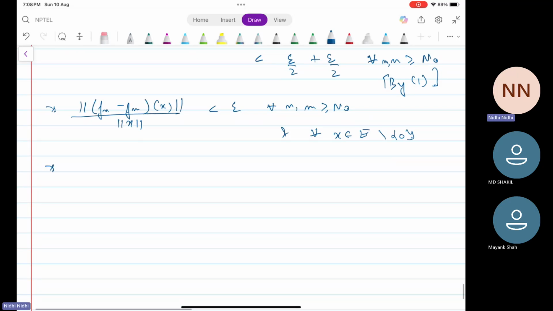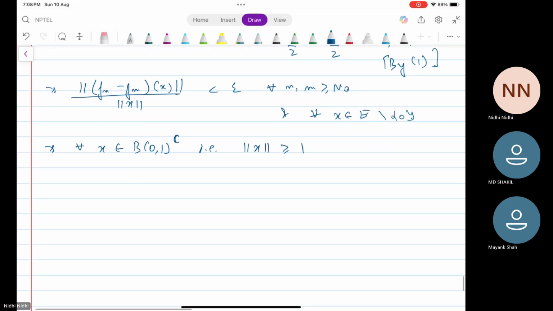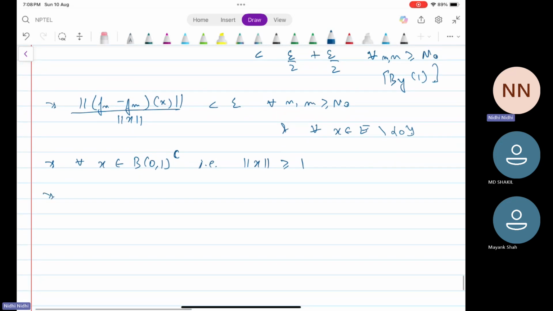This implies for every x in B01 complement, that means for x such that norm x is greater than or equal to 1, we get epsilon strictly greater than Fn minus Fn x by norm x. Now, since norm x is greater than or equal to 1, 1 upon norm x is less than or equal to 1.